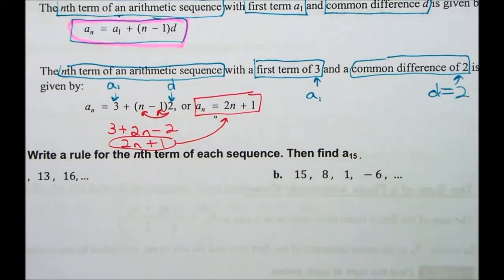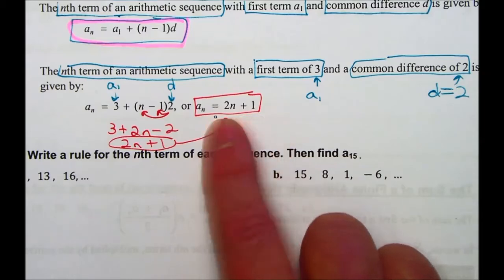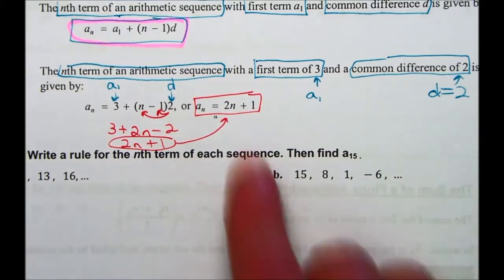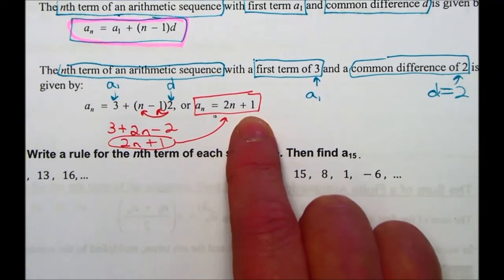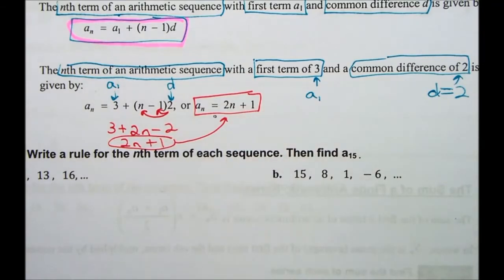With arithmetic sequences, you do want to simplify the rule so that it basically looks just like an equation of a line. You've got a slope, you've got a y-intercept. However, one of the differences between the line and the arithmetic sequence is that your domain has to start with 1.